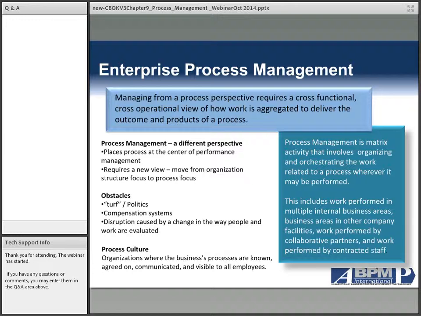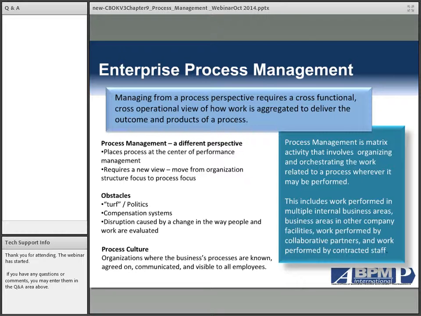As we've been talking about, you are now allowed to have a very different perspective. Instead of putting the business unit and the management of that business unit at the center of activity, we now put process at the center of activity.